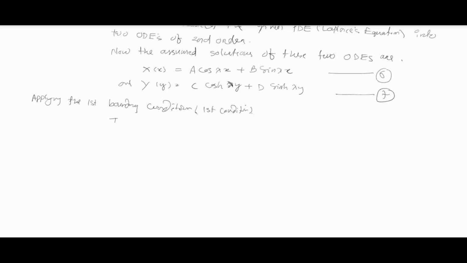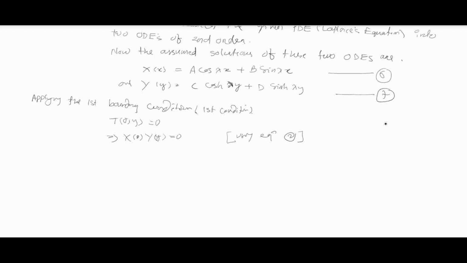That means T of 0, y is equal to 0. That implies T of 0, y means x is 0, and y is equal to 0, using equation number 2.